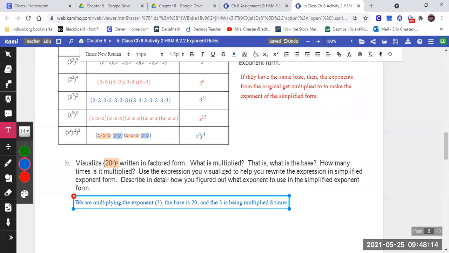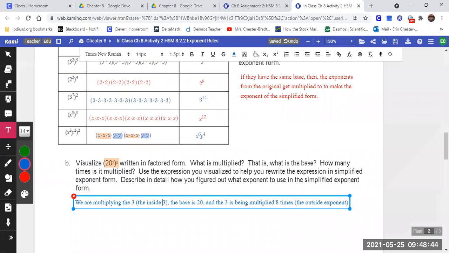And we're going to add a note to ourselves in parentheses, the outside exponent. We're going to shift some words around.